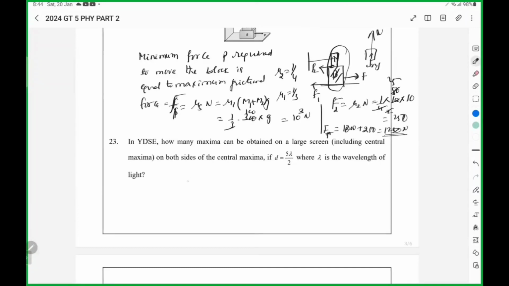Here, for maximum, path difference is n lambda.